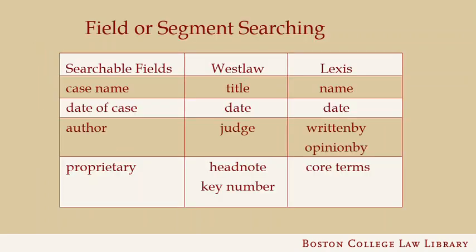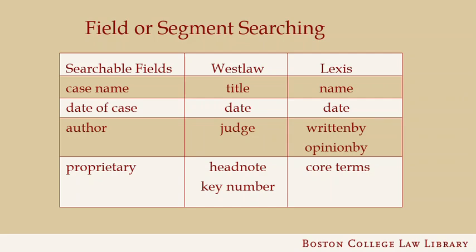Another way to increase your precision is to require that your search terms be in a particular part of the document. Documents are divided into fields, that's Westlaw's word for this, or segments, that's what Lexis calls them, that allow a user to search for terms in a particular part of the document. This is what makes possible pulling up a case by name rather than locating every case that mentions the case name.